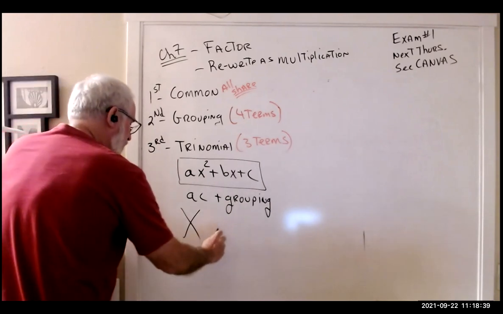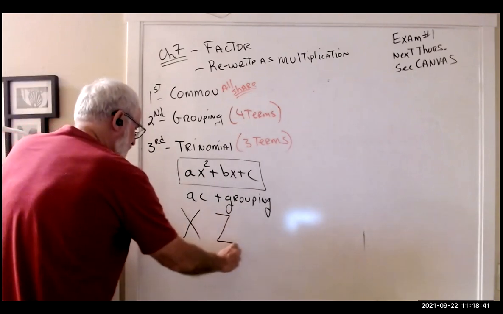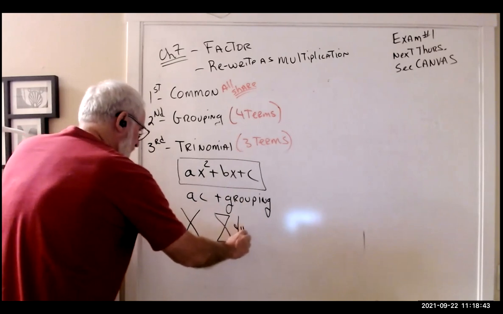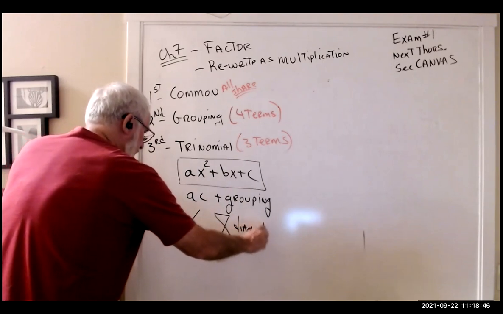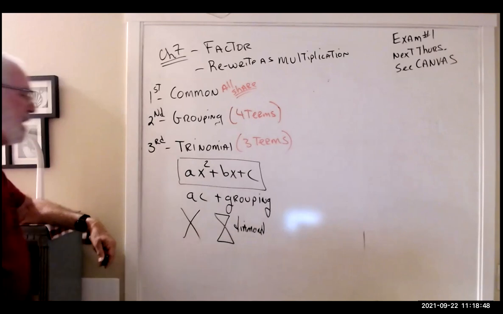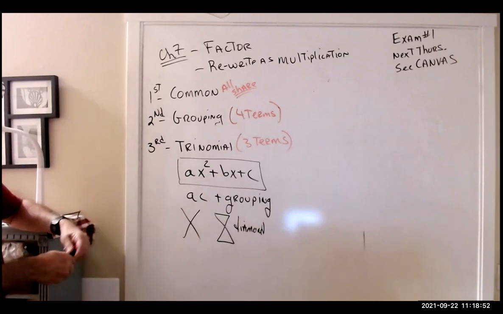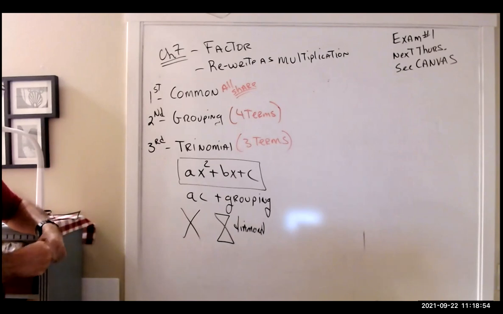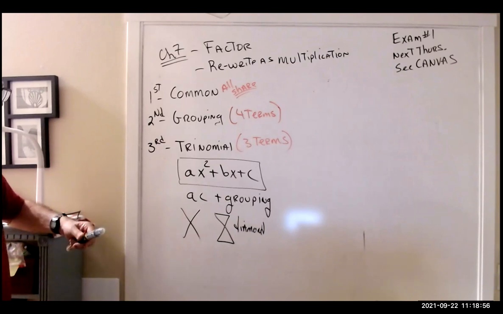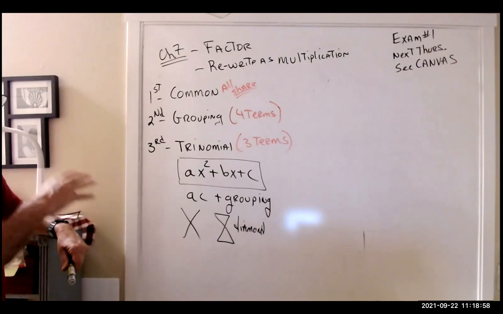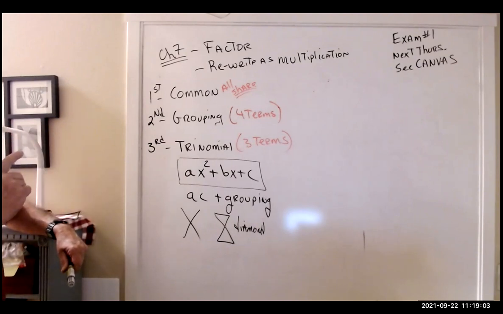Some of you have learned this as a diamond. There's all kinds of different names for what we're going to do. There's also a really fast way of doing this. This way is slow but sure, which I'm going to teach you in a minute.